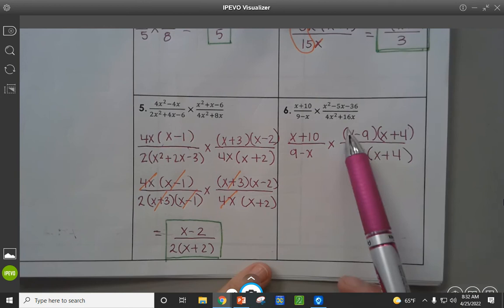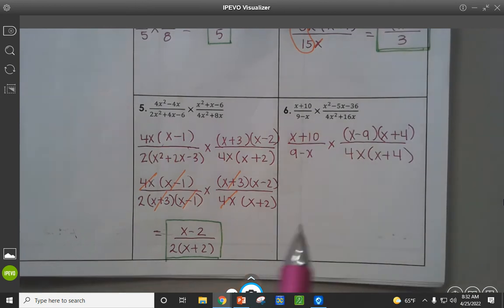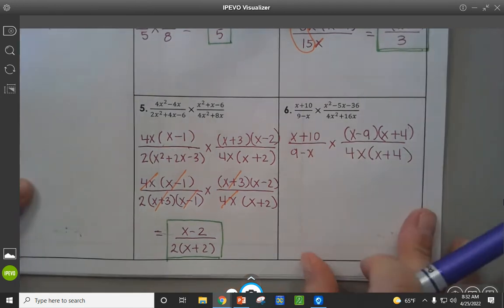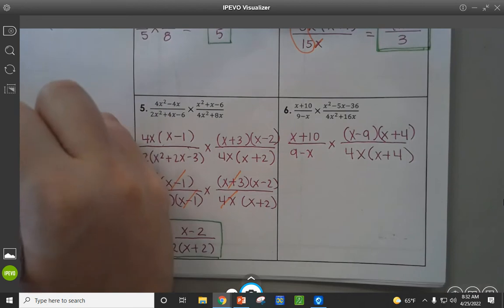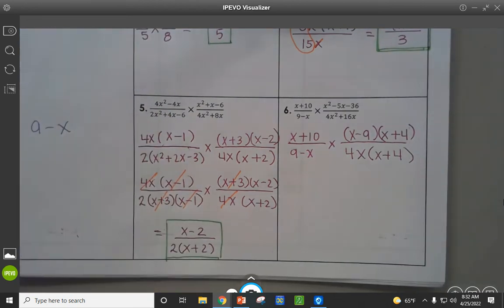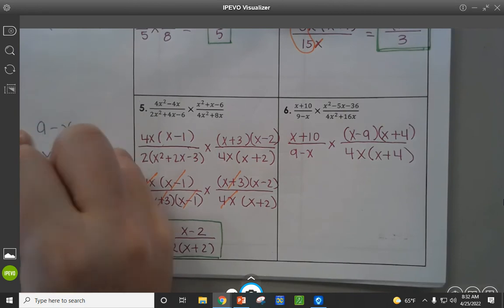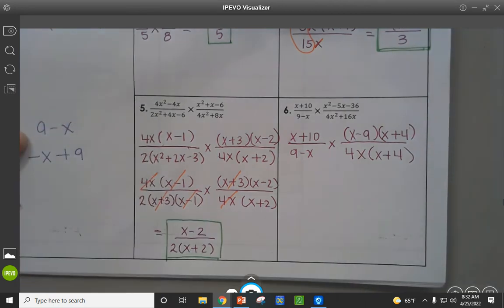And so, yeah, I do have an x minus 9 and a 9 minus x. So, if we would go back over here, 9 minus x, that's the same thing as having negative x plus 9.